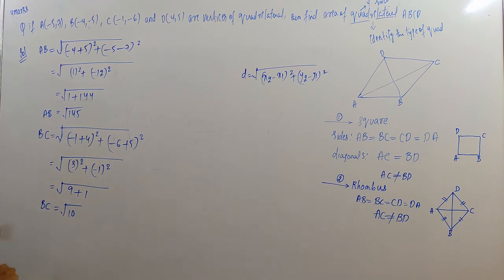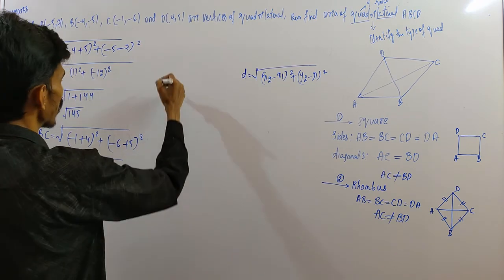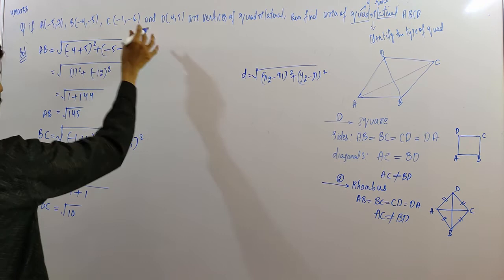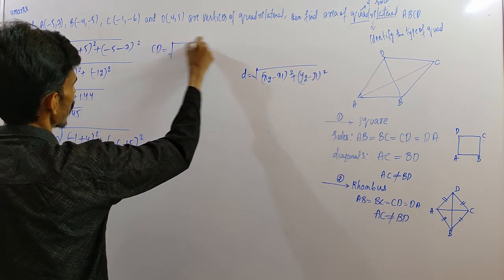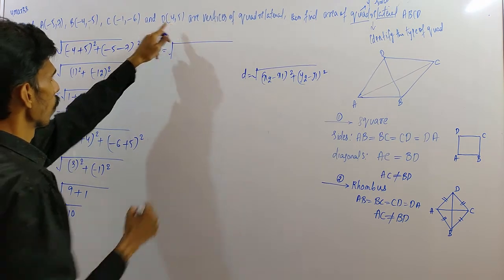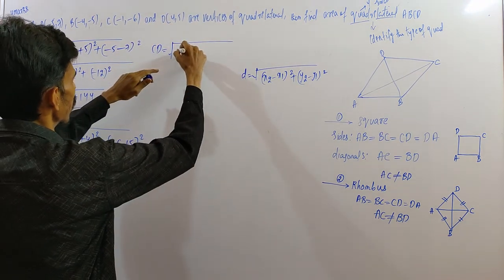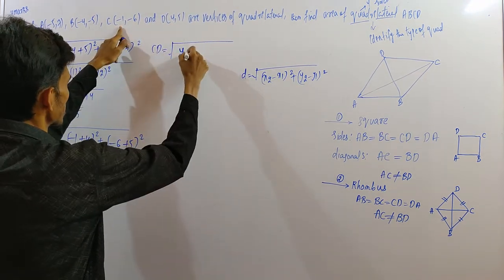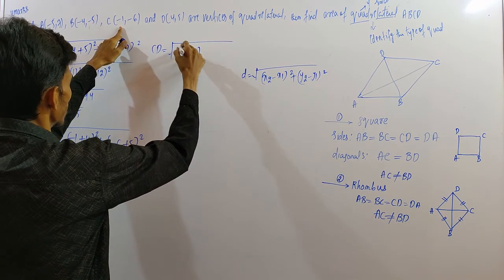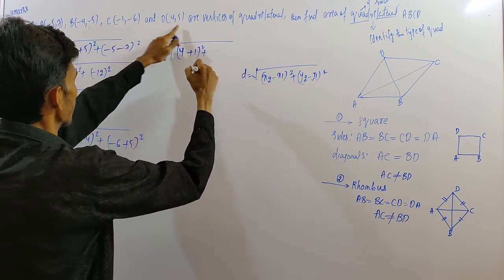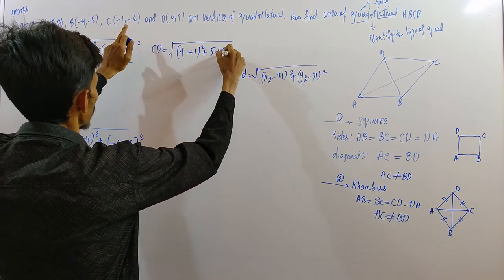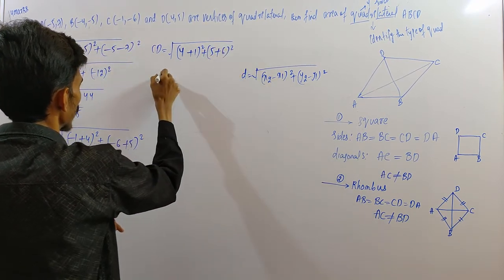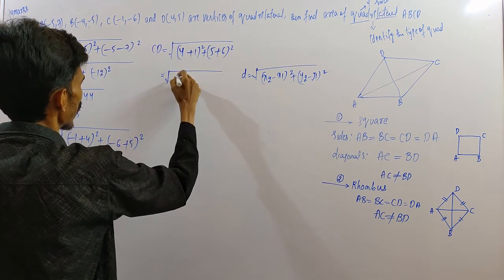Let us take CD, distance under root 4 minus of minus plus 5 minus 1, more minus, so it will become plus square, that is equals to 5 square.